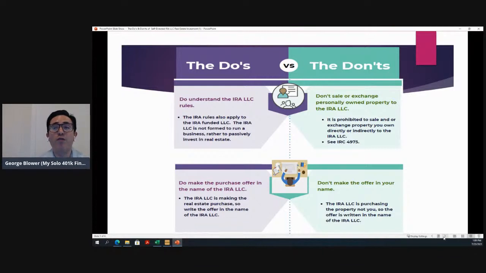So write the offer in the name of the IRA LLC. On the flip side, don't make the offer in your name. Again, the IRA LLC is purchasing the property, not you. So you want to make sure that all the legal documents to effectuate the purchase are documented correctly using the right party names, in this case, the LLC that's owned by your IRA.